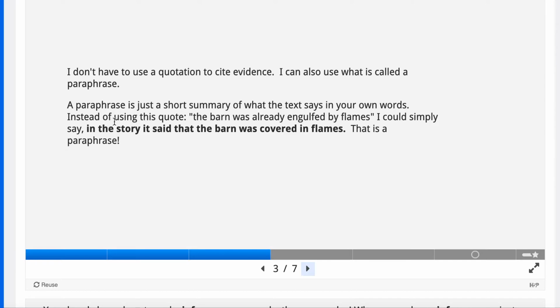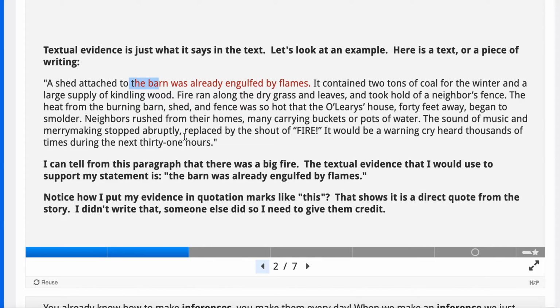That's how you paraphrase something. You just restate it or summarize it in your own words, and you don't have to put quotes around that. So either one of those is textual evidence: using the actual quote, or just paraphrasing it.